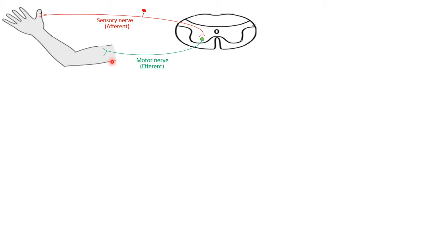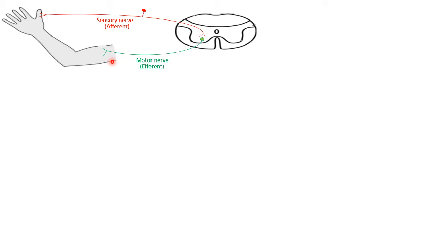So we have the sensory nerve or afferent nerve that carries the signal from our hand to the spinal cord, and the motor nerve or efferent nerve that carries the signal from the spinal cord to the skeletal muscles in our hand. And when the signal reaches our skeletal muscle, it contracts, so our hand moves away from this painful or hot object.